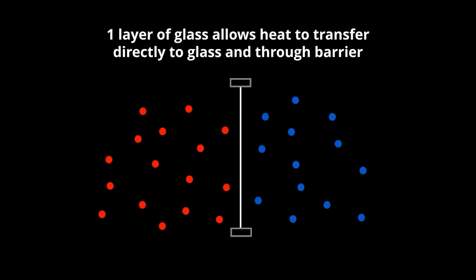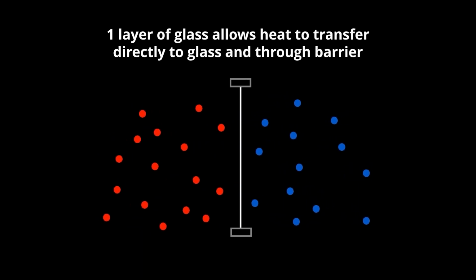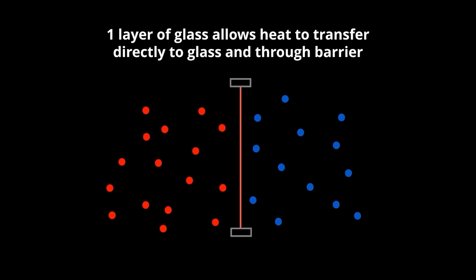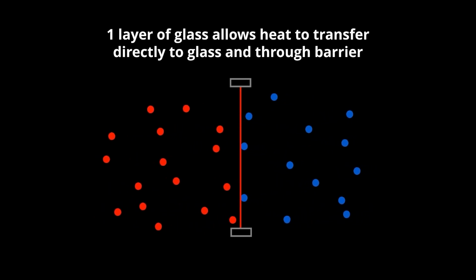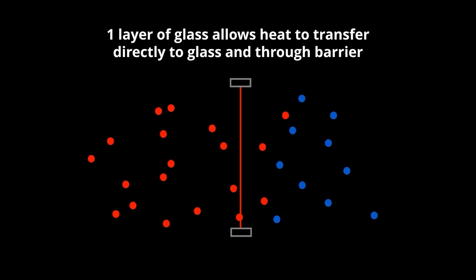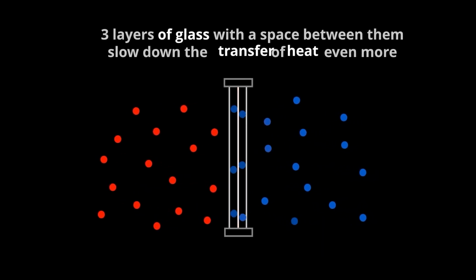If you imagine 1 layer of glass, you would have a very high U value, a very low R value. You'd have a very, very simple way for heat to transfer, right? Those molecules would heat up that single pane of glass, which would in turn heat up the molecules inside of the house or outside of the house.